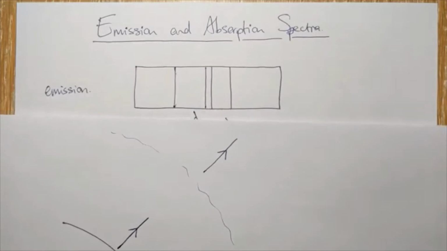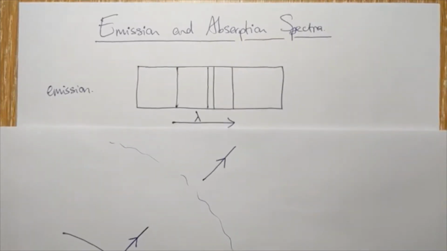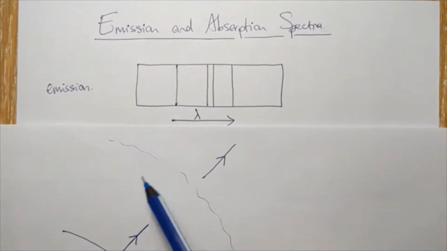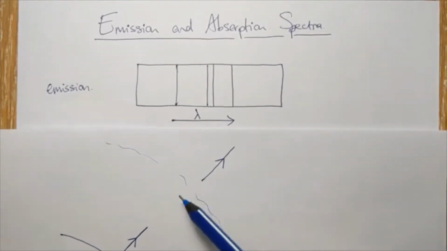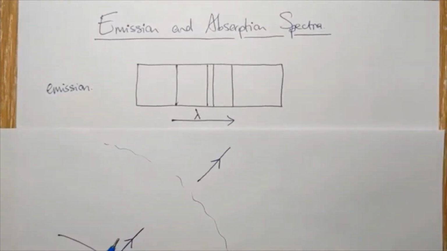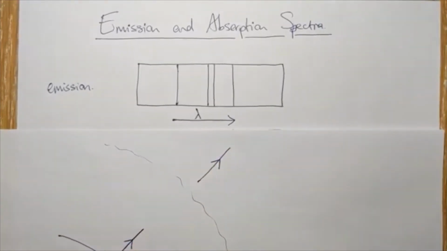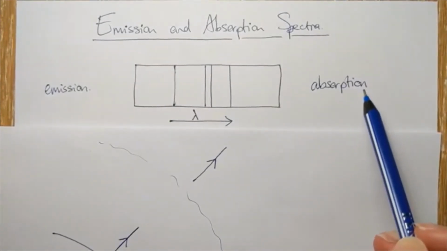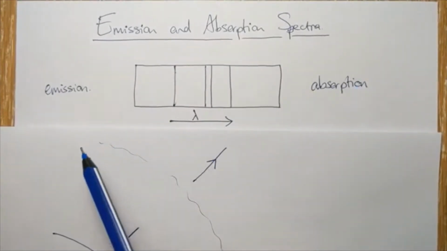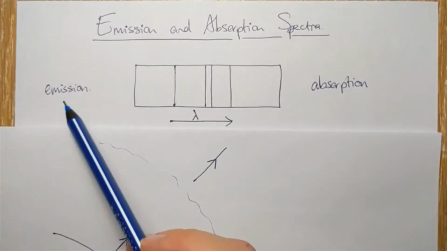And so what that means is that the light that continues on to Earth is missing all of those wavelengths. All those wavelengths that we would see emitted if we heated up that particular atom, we instead find are missing because the atom took them out as the light was passing through. And this is called the absorption spectrum for the star. It's like the negative of the emission spectrum.